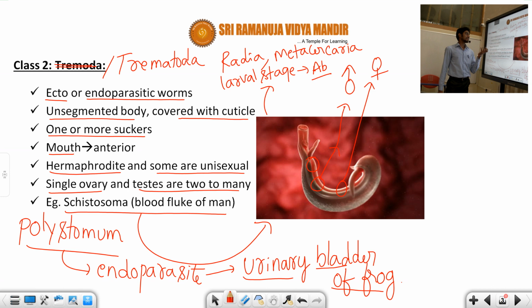The organism is hermaphrodite, though some are unisexual, and a single ovary is present but many testes are present. The basic example is Schistosoma, and Fasciola hepatica is also an example, student.